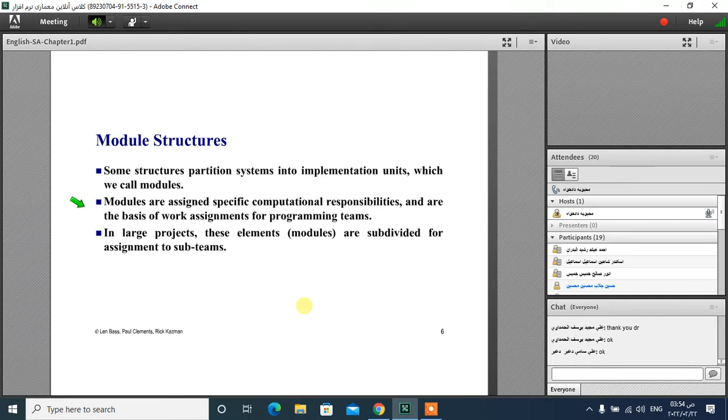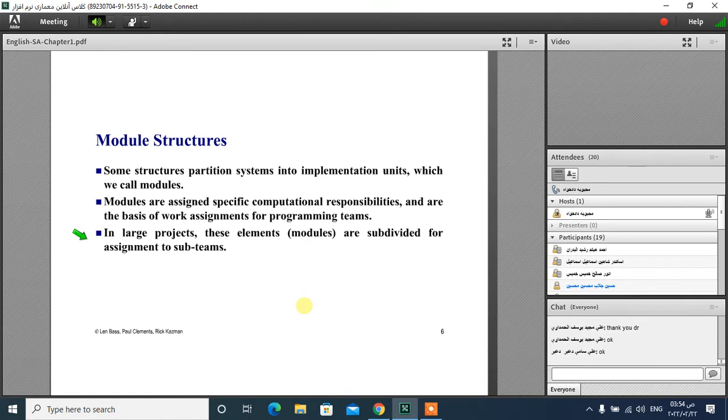So for example, if we have 3 high-level modules, we form 3 programming teams, and each one of these teams is responsible to implement the submodules of that high-level module. In large projects, the modules are subdivided to be assigned to sub-teams.